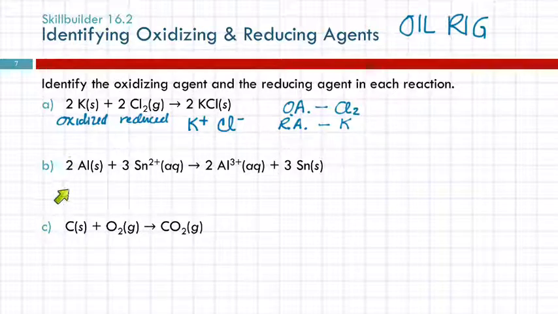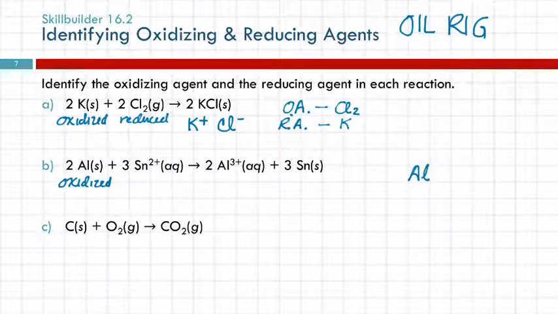Let's look at B again. So aluminum going from 0 to +3, does that happen by gaining electrons or losing electrons? Losing electrons. Oxidation is loss of electrons. So aluminum is being oxidized because it's losing electrons.